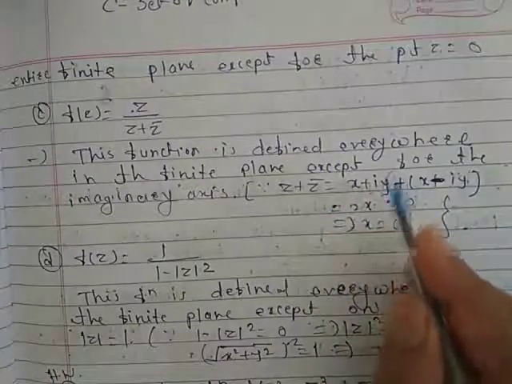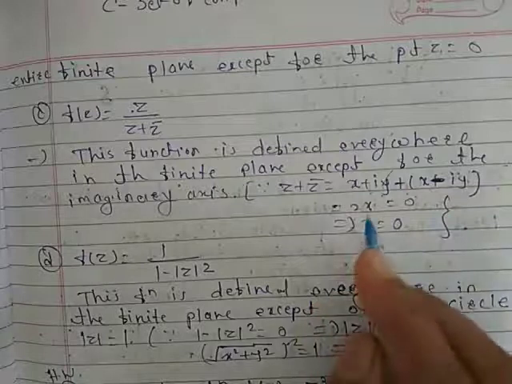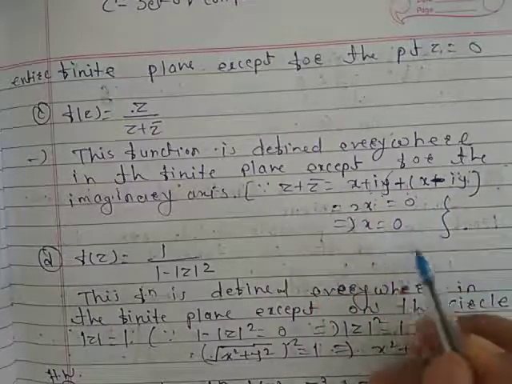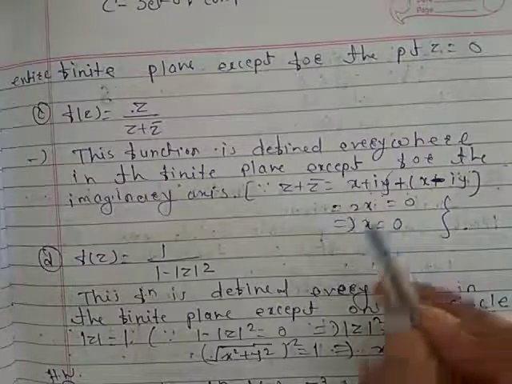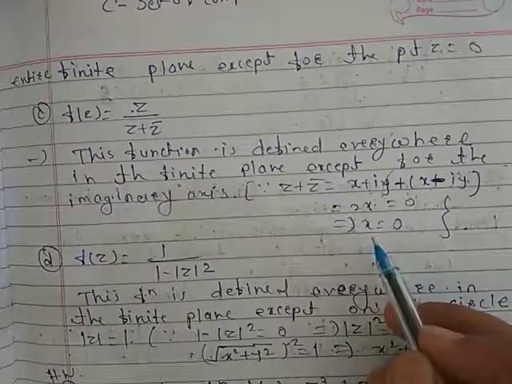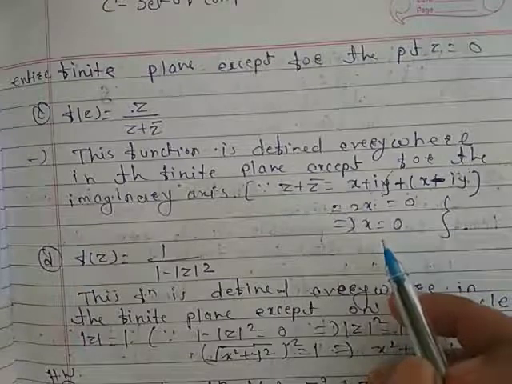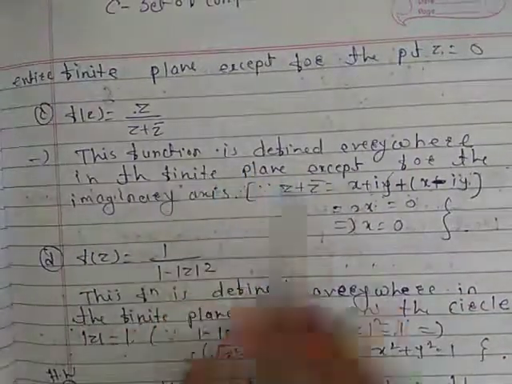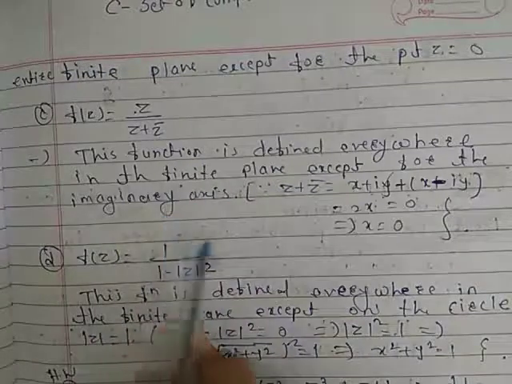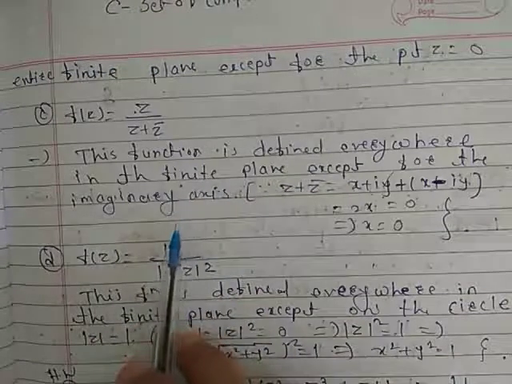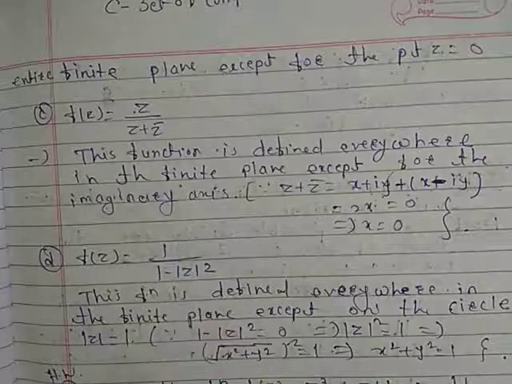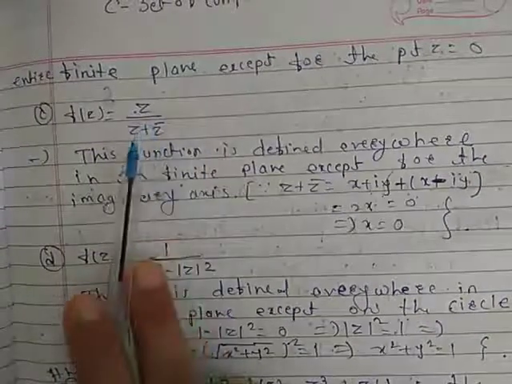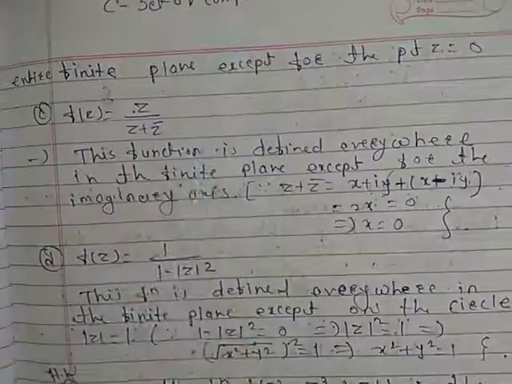Here plus iy and minus iy cancel, so we get 2x is equal to 0. That implies x is equal to 0. So this function is defined everywhere in the finite plane except for the imaginary axis. On the imaginary axis, this function is not defined.